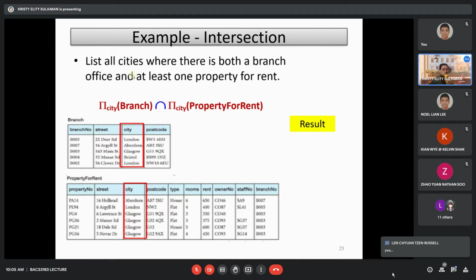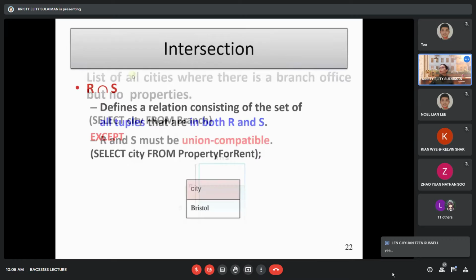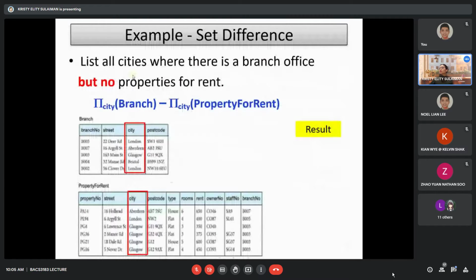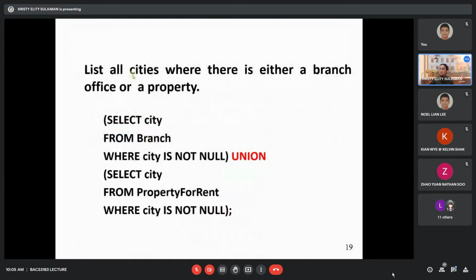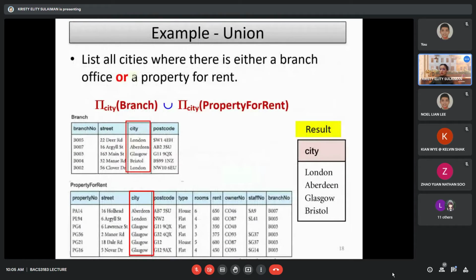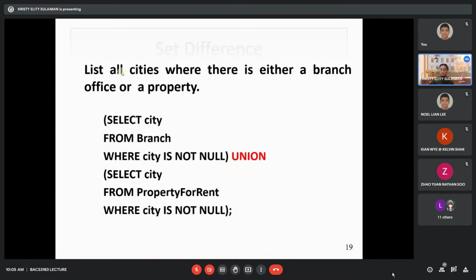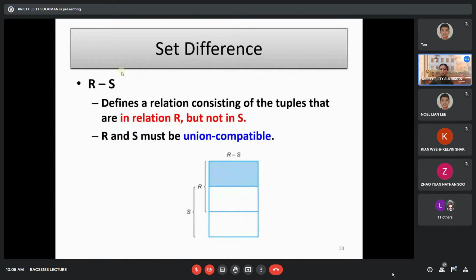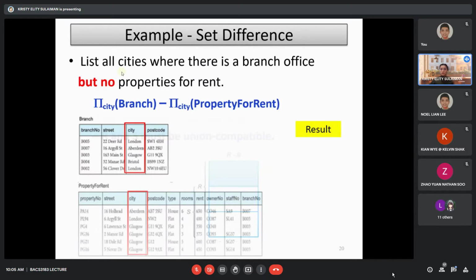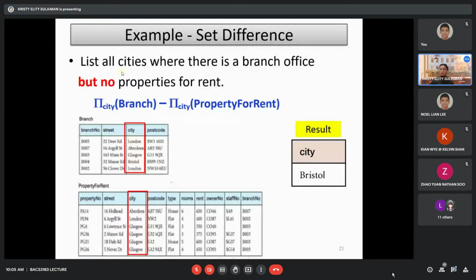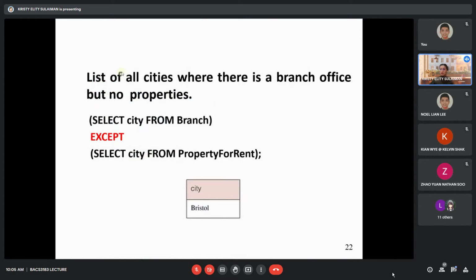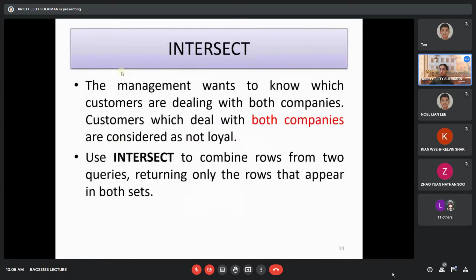Okay, thank you. Let's go back to union. We just want to check that. For union it's or, right? For n it means you satisfy both statements, you satisfy both queries.